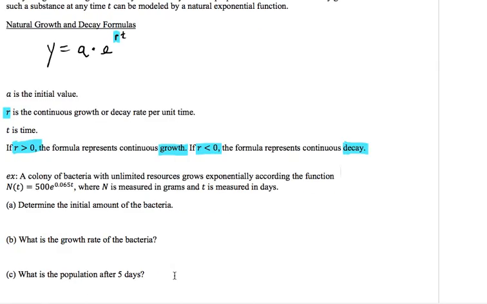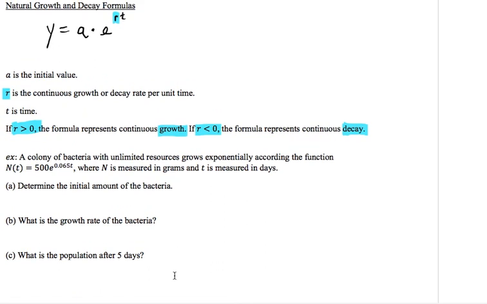Okay, so let's look at an example here. A colony of bacteria with unlimited resources grows exponentially according to this function, where n is measured in grams and t is measured in days. Okay, so the initial amount of bacteria, that's when t is 0.